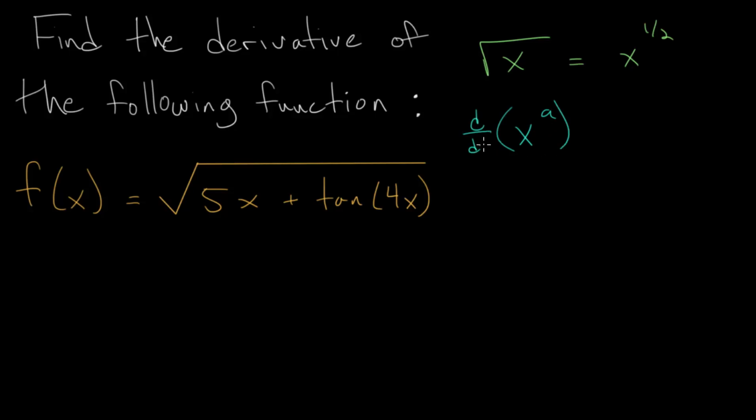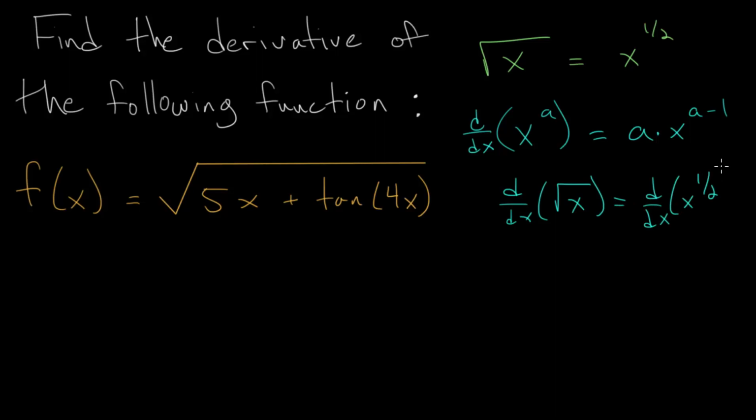And remember that when we have some function, let's say x to the a, and we take its derivative with respect to x, we use the power rule. We bring down the a, we multiply by x, and then we subtract that exponent by 1. So we can apply that to a square root function. If we took the derivative of the square root of x, or the derivative of x to the 1/2 power, we bring down the 1/2, and we subtract the exponent by 1.